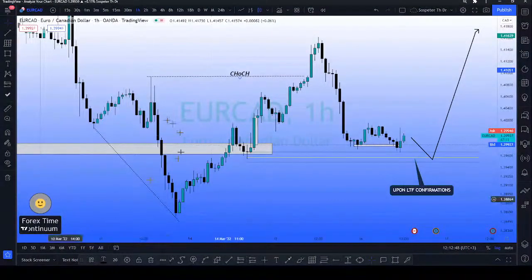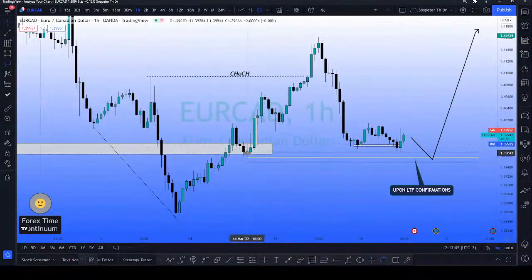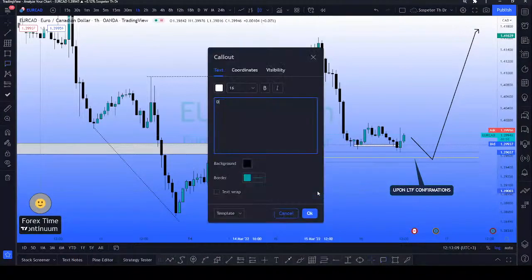So I always wait for this kind of scenario. As you can see, a low was formed here before the POI. The POI is this doji. This is a doji demand zone.